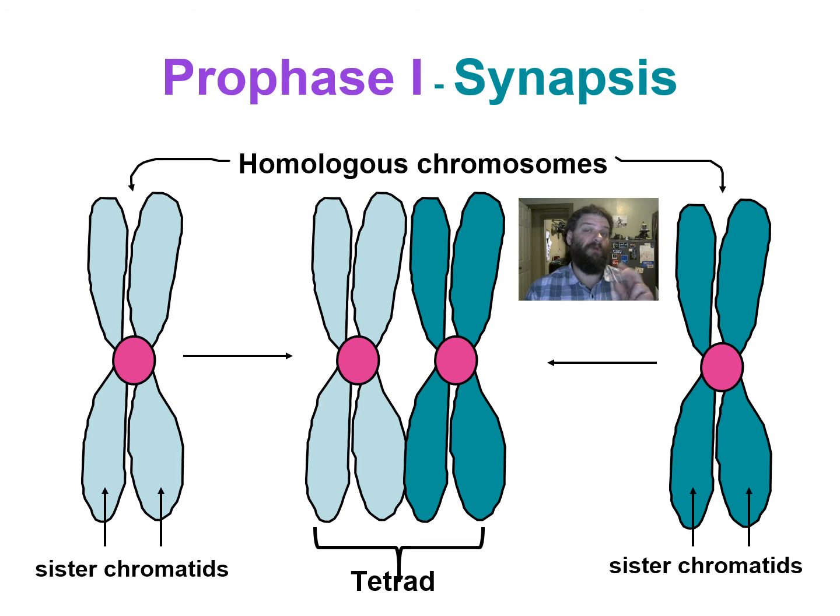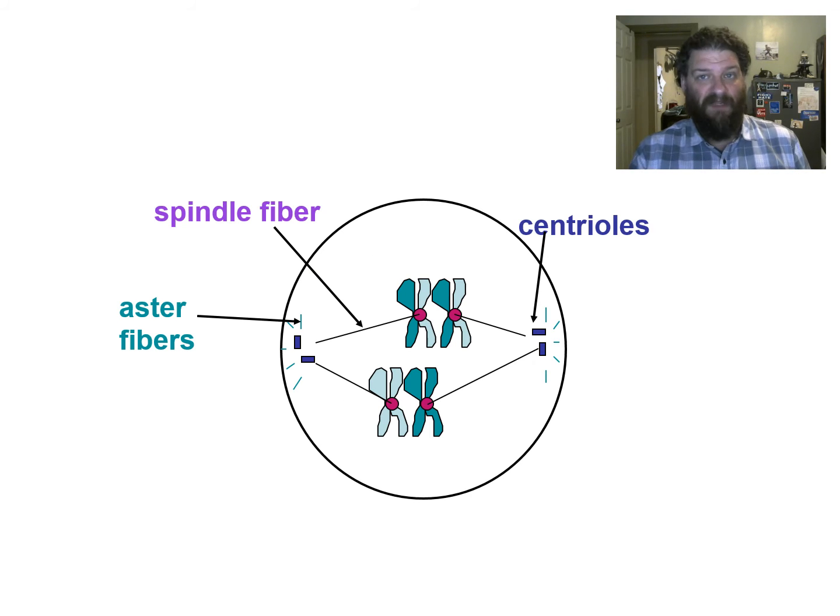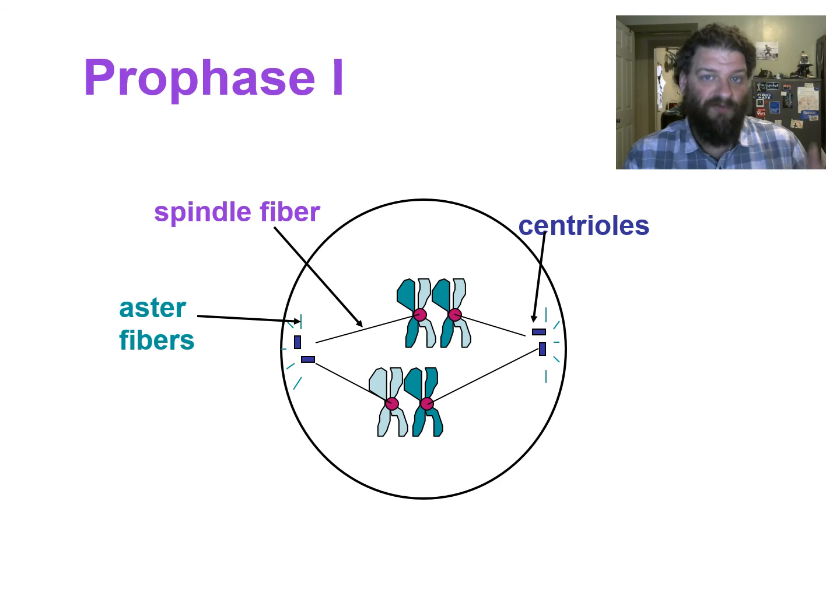This is also when we're going to see crossing over take place. Little pieces of one chromatid swap places with the other chromatid. All right, and this is how we shuffle up genes, yet another way that sex produces such a wide variety of allelic combinations. This means that during prophase, those homologous pairs of chromosomes attach to the spindle fibers.